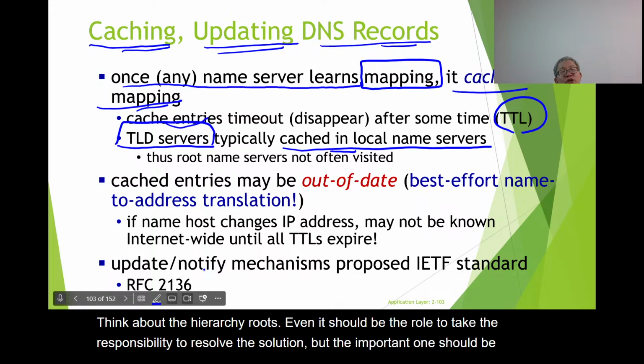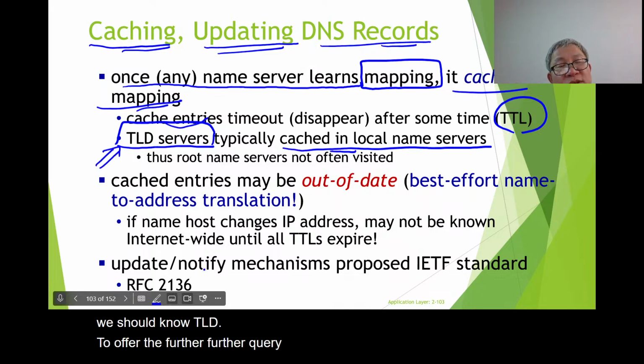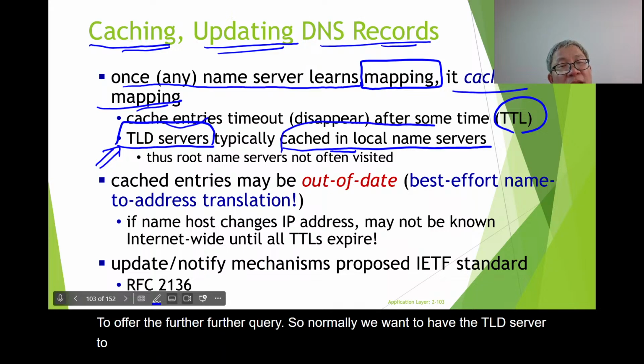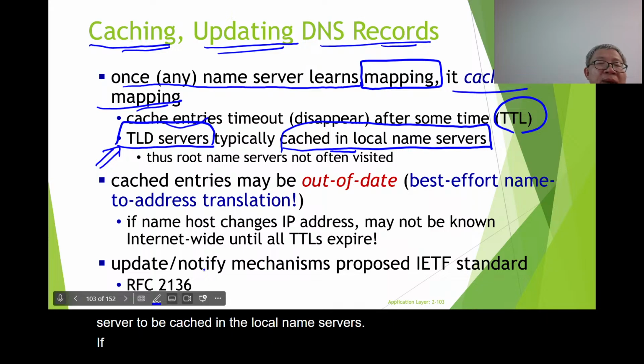So we should know the TLD to make further queries. So normally we want the TLD server to be cached in the local name servers. If so, then we can bypass the root name server.